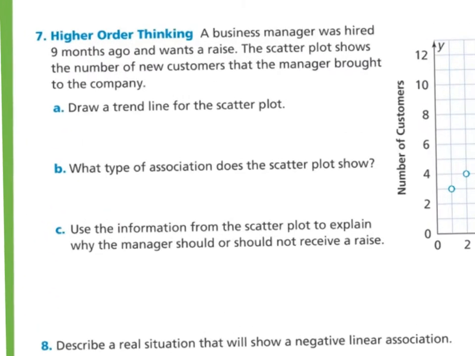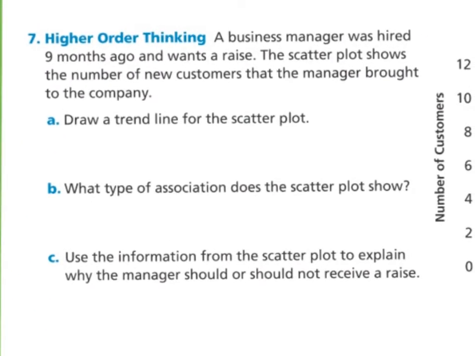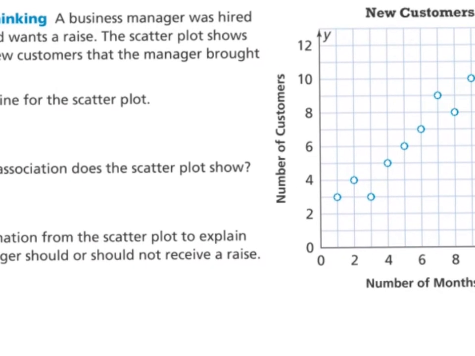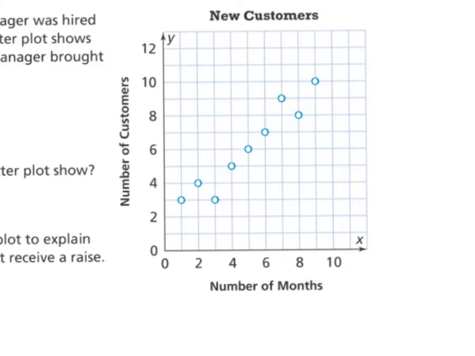Number 7, a business manager was hired 9 months ago and wants a raise. The scatter plot shows the number of new customers the manager brought to the company. Draw a trend line for the scatter plot. So something like this maybe would be a line. Notice we've got some points above, some points below, some points are right on our line.